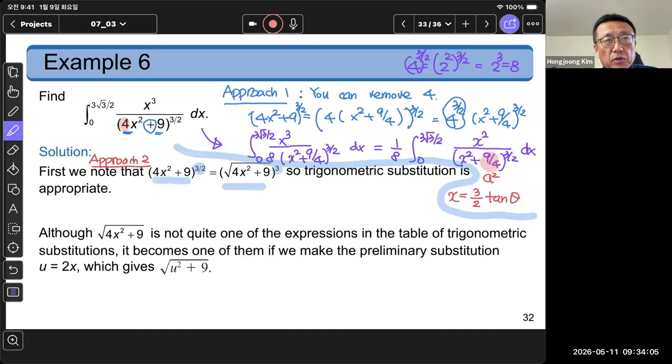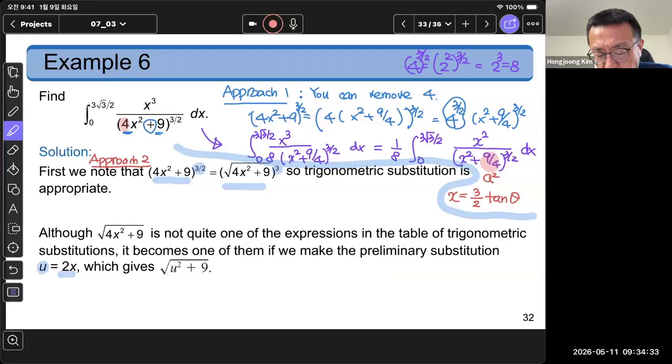So you see the square root of 4x squared plus 9, and this square root of 4x squared plus 9 is not one of the expressions in the table of the previous slide, but it becomes one of them if I introduce u to represent 2x.